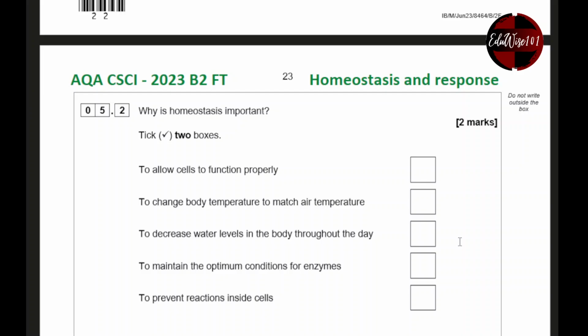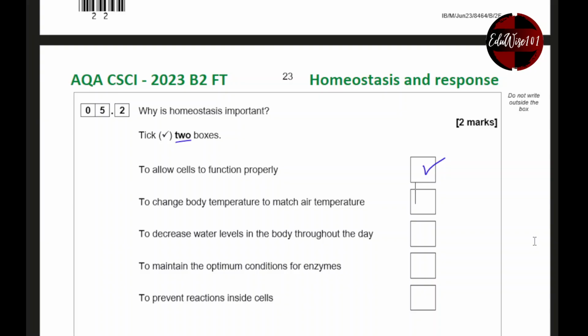Why is homeostasis important? Tick 2 boxes. So again, you have to have 2 ticks for 2 answers. To allow cells to function properly. Yes, without homeostasis, the cells will not function properly, meaning that your body temperature needs to be maintained. Otherwise, your cells will not work because the enzymes will not work properly.